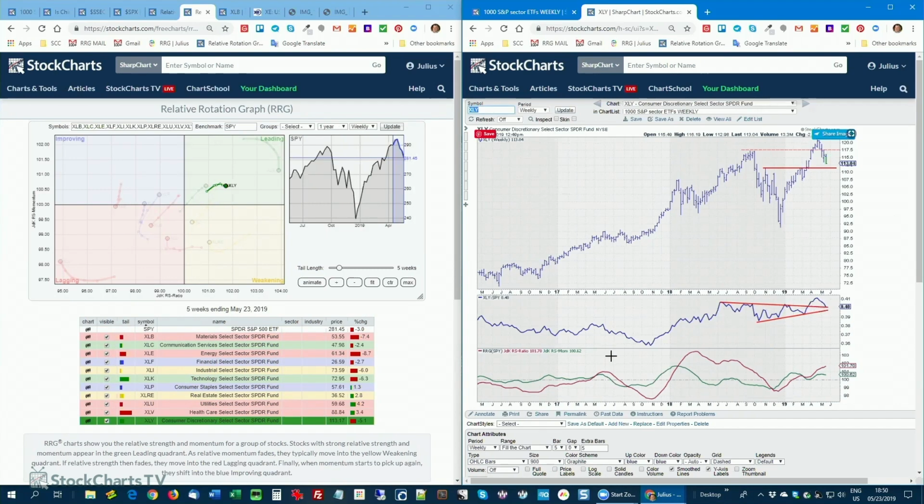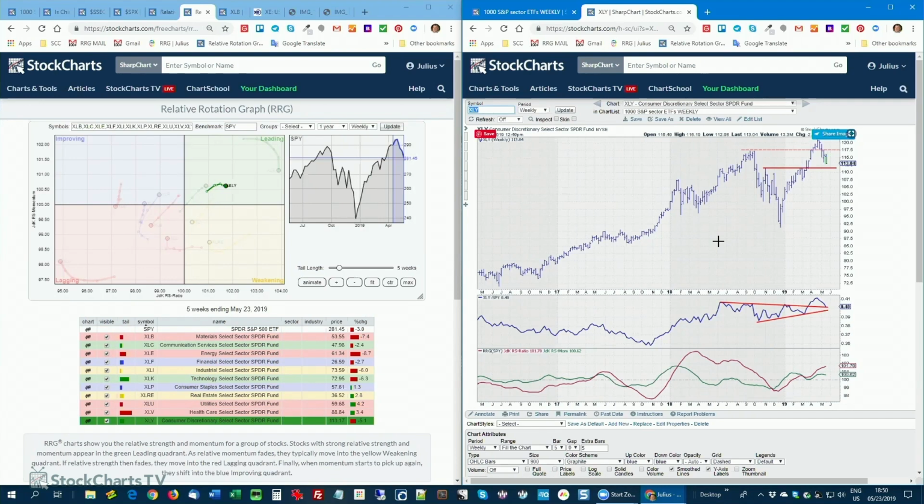That's not holding up. And with this rotation here, it's not a super sell for me, but it is definitely a sign that weakening is ongoing. And I'd like to see a new higher low get back into place before getting very enthusiastic about this discretionary sector going forward.